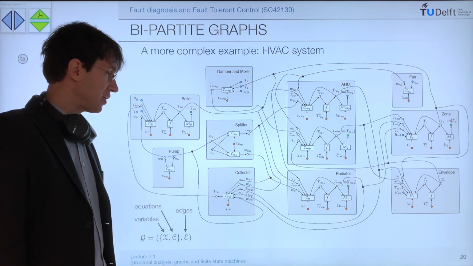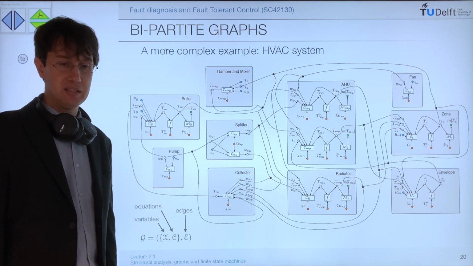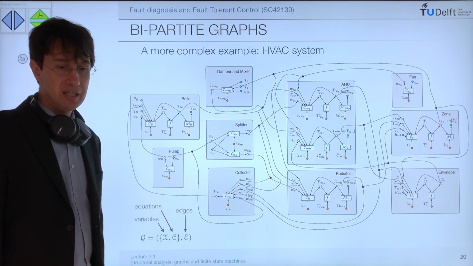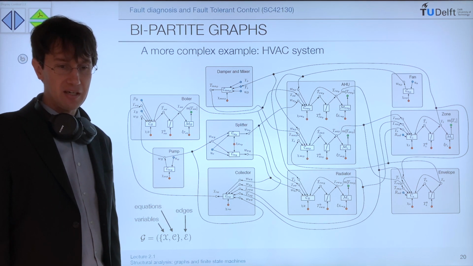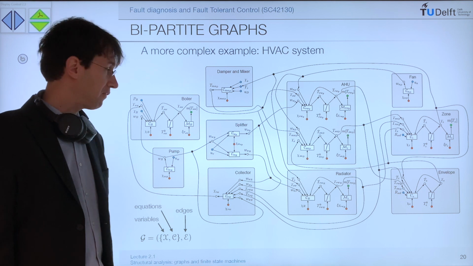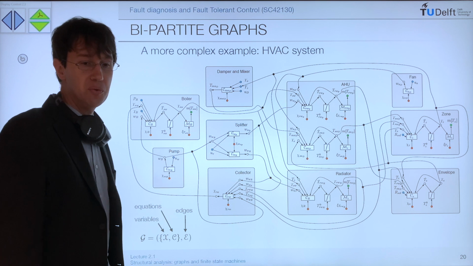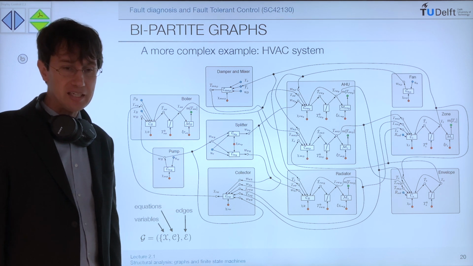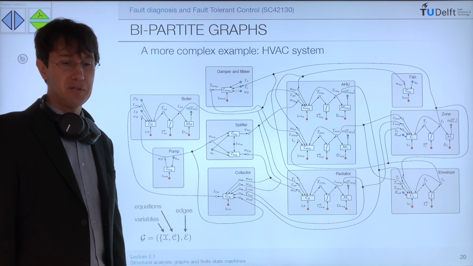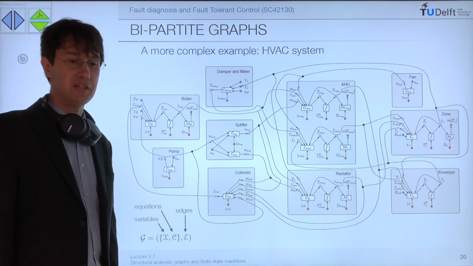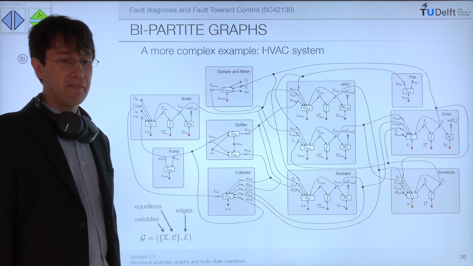So we will not go into the detail of how to answer this question, but it all boils down to try to traverse this graph and find a path from variables that you know to variables that you don't know. So if you can find this path, then you are good. It means there is an analytical redundancy relation involving the variable where your path is ending.